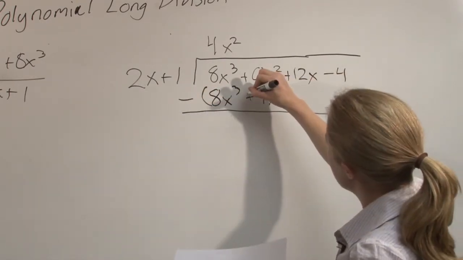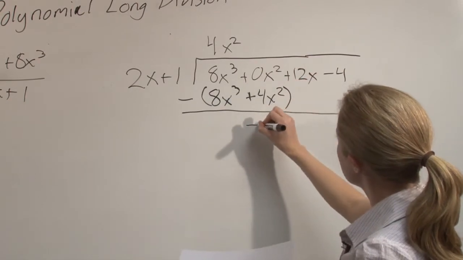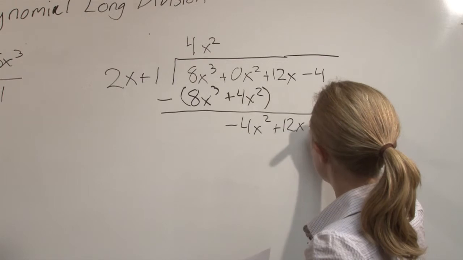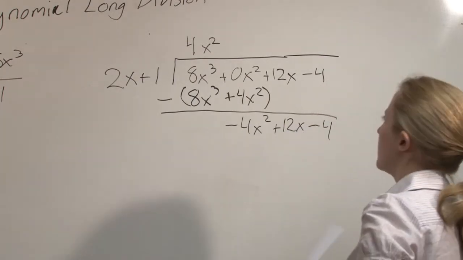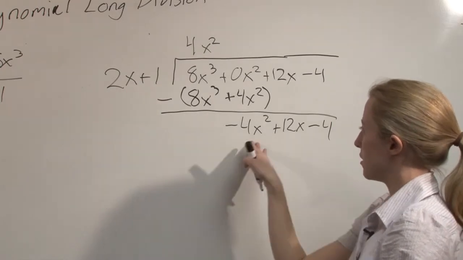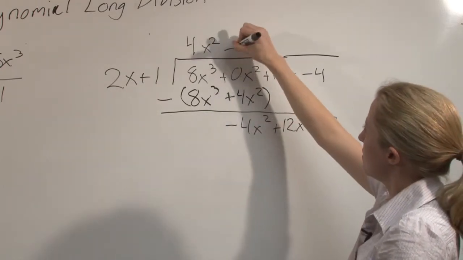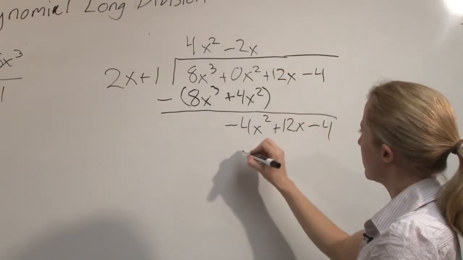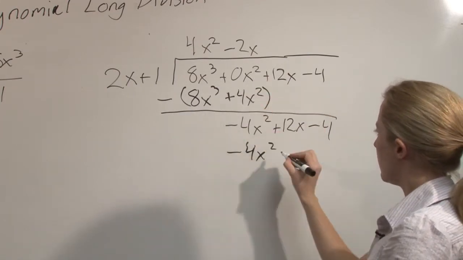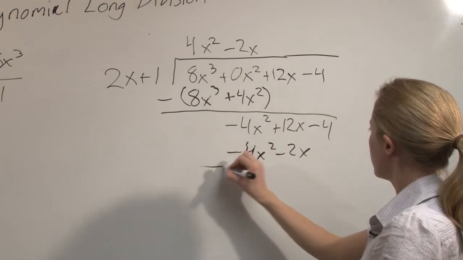And since this is subtracting positive 4x squared, I'm going to get negative 4x squared plus 12x minus 4. So now I want to multiply this by something that will give me negative 4x squared. So I'll do negative 2x, that would be negative 2x here.